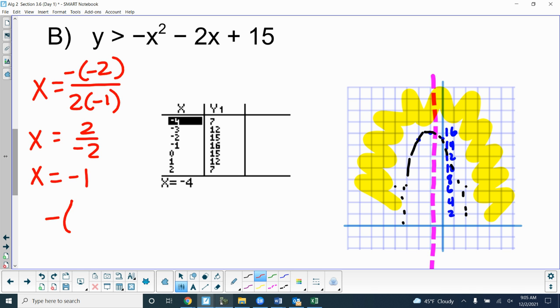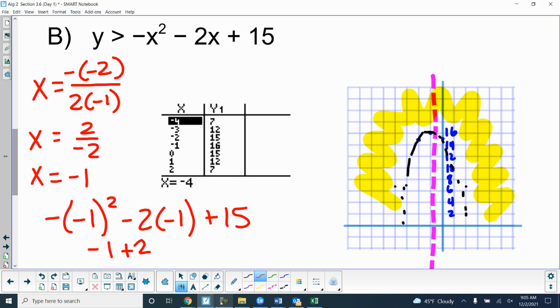So we got a negative of a -1 squared minus 2 times -1 plus 15. So remember, we do the squared first. So -1 times -1 is 1, but this negative outside makes it -1. Plus 2 would be 1, plus 15 would be 16. So I think what you put was instead that you just made it negative or positive 1, didn't you? But that's good to check.